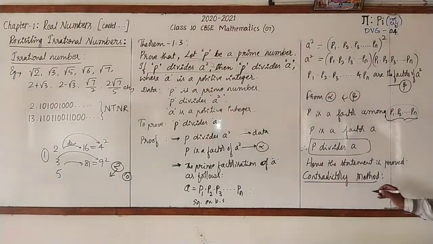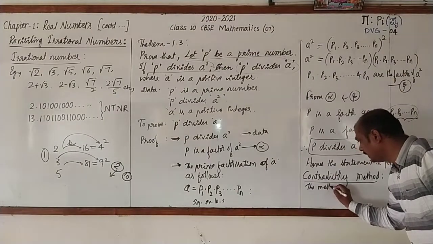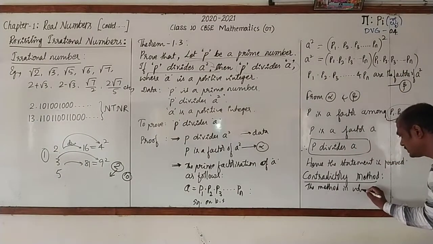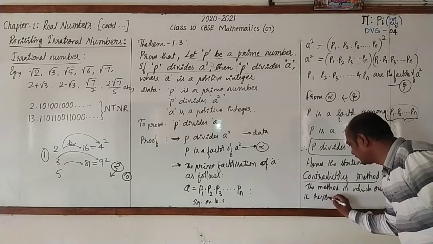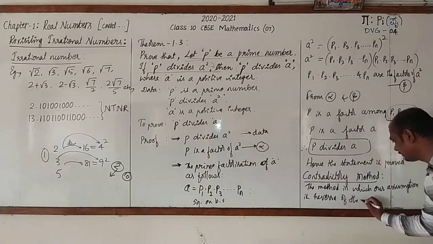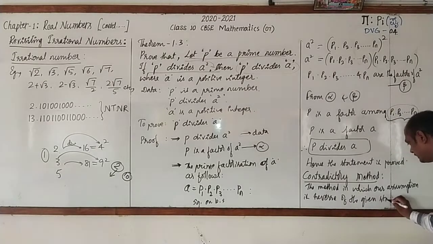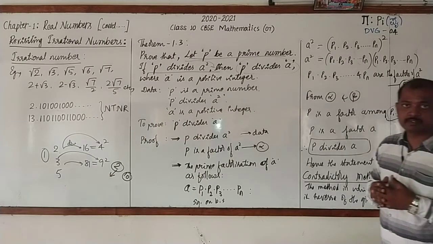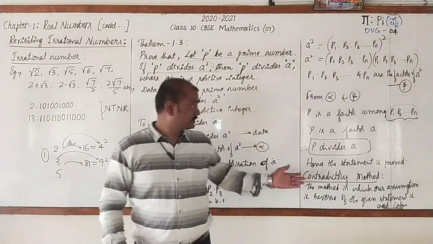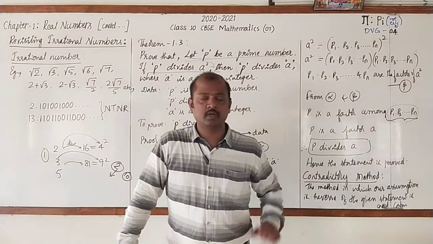So I'll write the definition. The method in which our assumption is reverse of the given statement is called contradictory method.